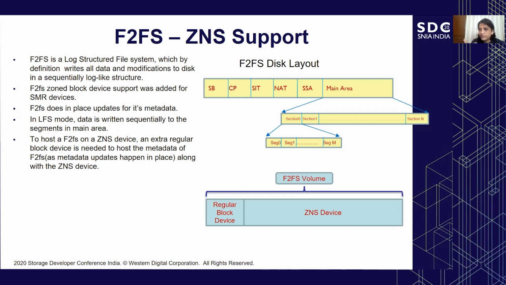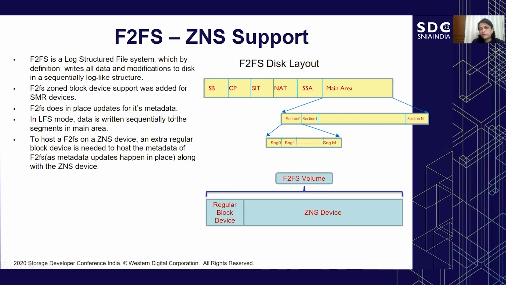F2FS does in-place updates to metadata, but in-place update is not possible on a ZNS drive. So the idea is to have a regular block device along with the ZNS device, merge them to create one F2FS volume, and then use that volume to create the F2FS file system.